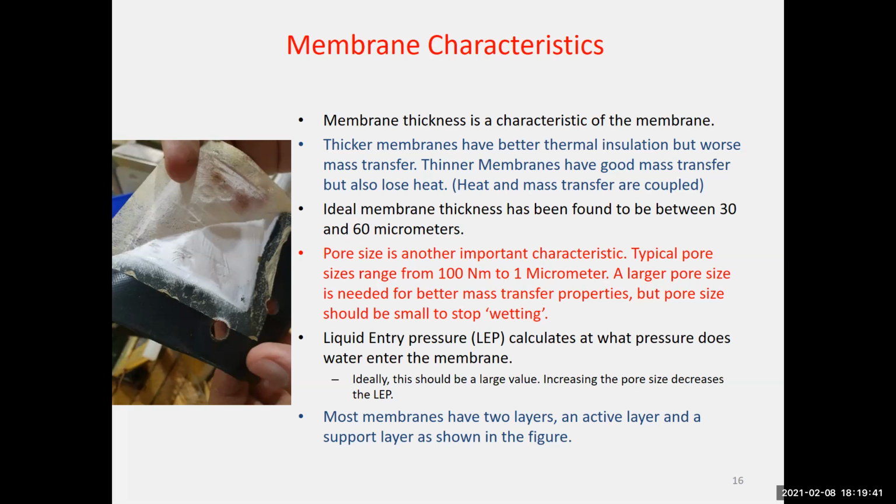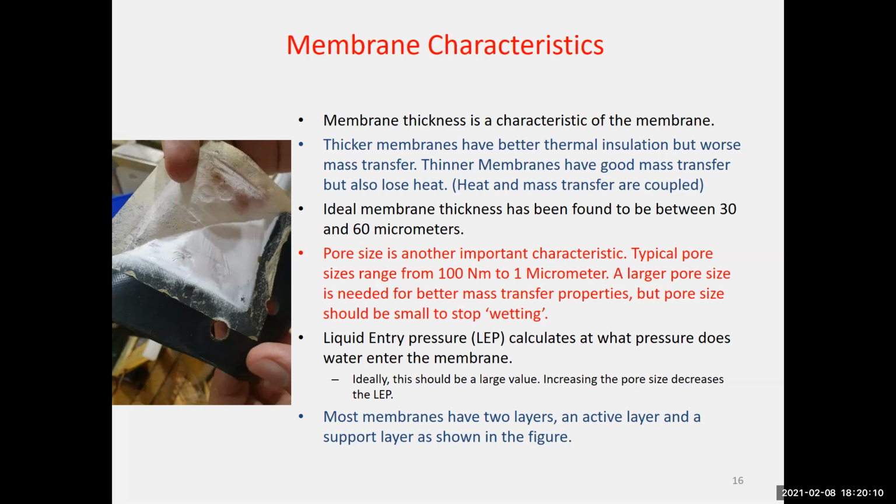Ideal membrane thickness has been found to be between values of 30 to 60 micrometers. The pore size is another important characteristic of the membrane. The pore size is somewhere between 100 nanometers up to 1 micrometer, and normally the membranes are characterized by some sort of an average pore size.